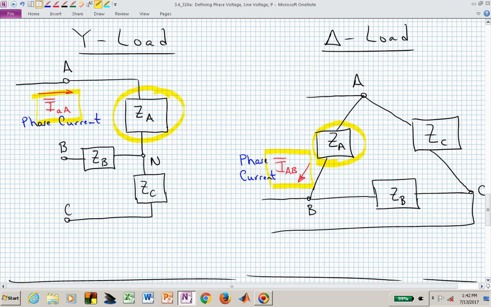And I hope from just the notational way of writing these, the phase current in the Y load, which is I sub AA, is not the same as the phase current in a delta load. The phase current depends on how the load is connected, whether it's Y-connected or delta-connected.